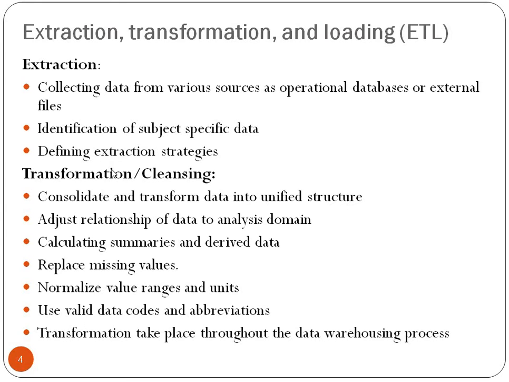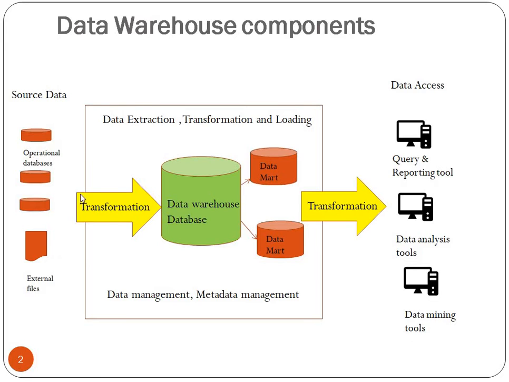The ETL tool performs three tasks: extraction, transformation or cleansing, and loading. These operations are performed in a staging area. You can see the place where this ETL operation works in this diagram. The ETL operation works in a staging area when source data enters the data warehouse.